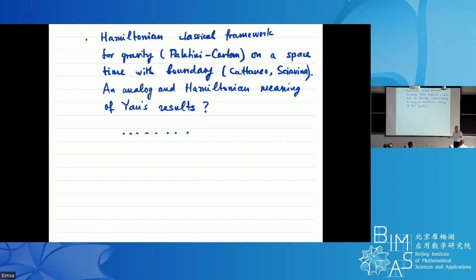I searched the literature and was trying to find a good Hamiltonian framework for Liouville theory on a surface with boundary, and it doesn't exist. So even in this setting, once you start to have surfaces with boundaries, space-times with boundaries, many things should be re-evaluated. Okay, so that's all.